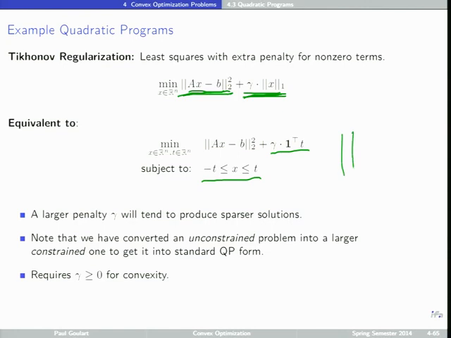Another thing I could do is, instead of penalizing the one norm, assign a budget to the one norm. I could take this same problem again, delete this part from the cost, and delete t as a decision variable. Then I say that t is now a constant.